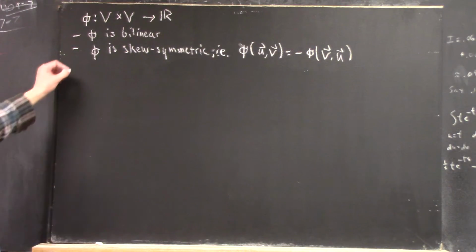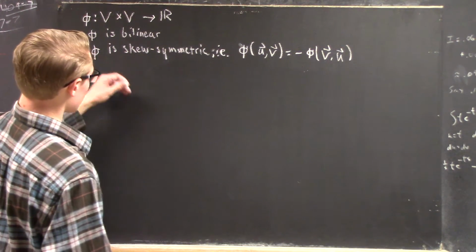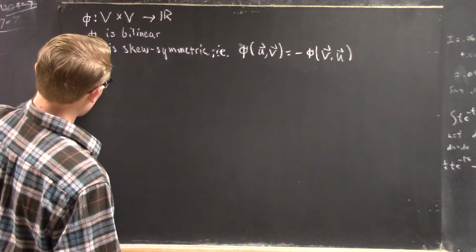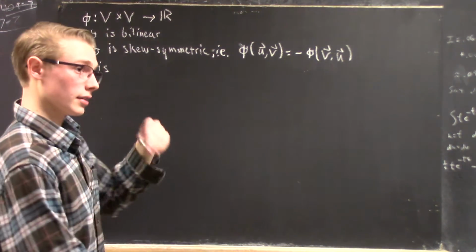And the third property that a symplectic form must satisfy is that it's non-degenerate.